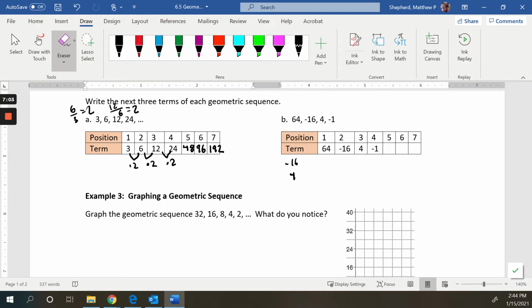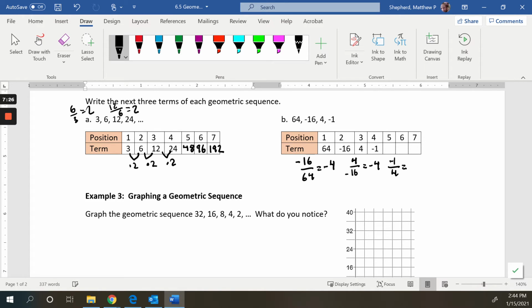So we should now try for geometric. So using our division, negative 16 divided by 64 equals negative 1 over 4. 4 divided by negative 16 equals negative 1 over 4.